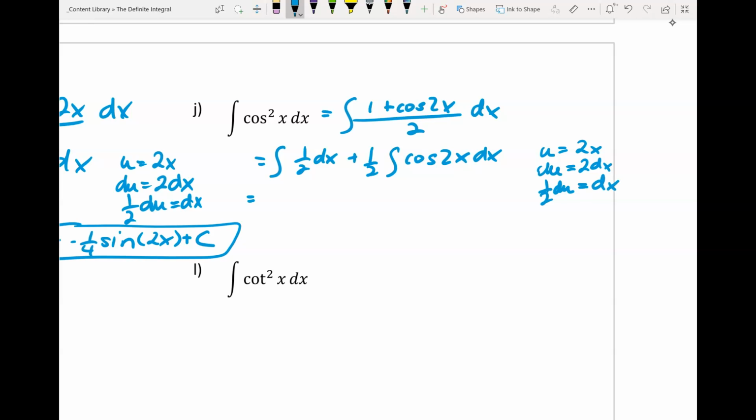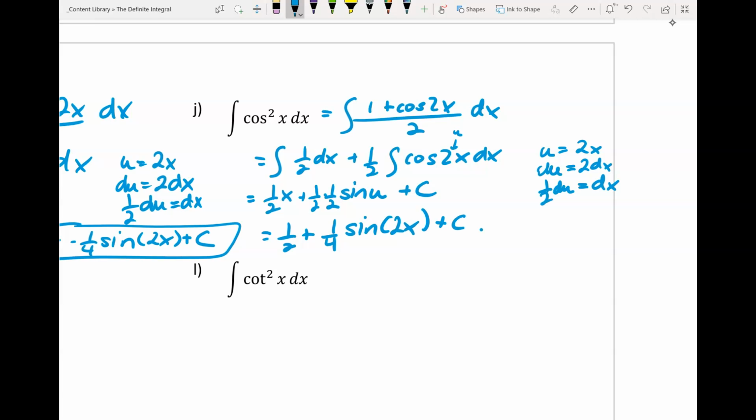The integral of a half is just a half x. We'll integrate cos u du. I'm just going to skip a step because we've already done this question. So this will be sine u, and we also have this half from the du from before. Then we're going to replace the u with 2x. And that is our final answer.